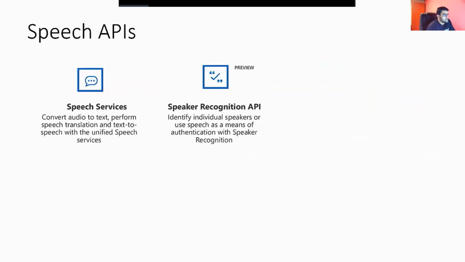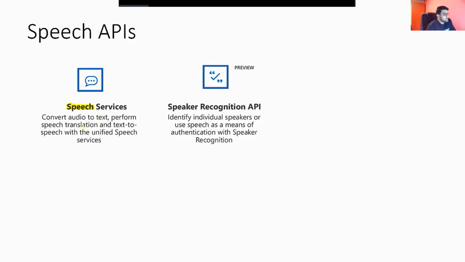As I mentioned, in speech APIs there are 2 areas: speech service and speaker recognition. In speech service, you can convert audio to text. When you're talking, you can convert that into text and output it.